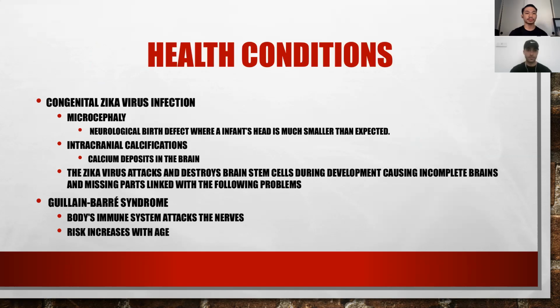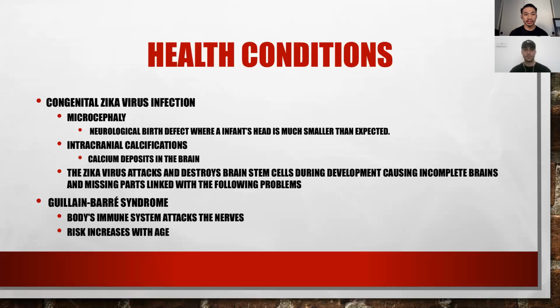Health conditions. So what brought Zika virus into the light in 2015 was the congenital outcomes of the virus, which were microcephaly, a neurological birth defect where an infant's head is much smaller than expected, and intracranial calcification, where calcium deposits were located in the brain.